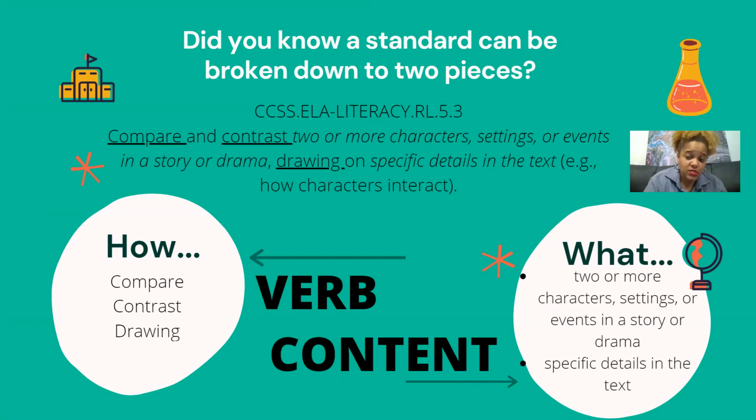They're going to use that information by comparing and contrasting, both. They're also going to use that information to draw on, which means to gather information about specific details in the text. That is the how, and that is the what, and that is how the standard is broken down into 2 pieces.